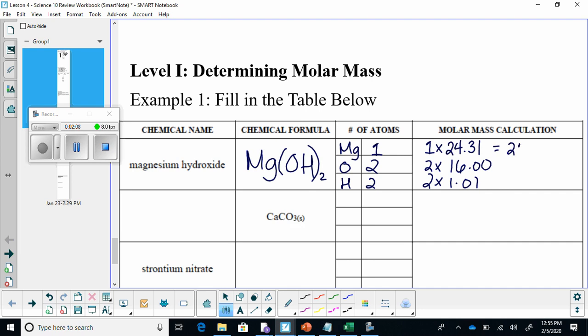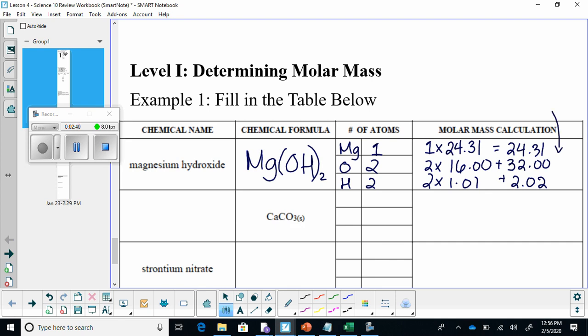So this gives me 24.31 plus 32 plus 2.02. Once I calculate that all out, I should get a molar mass of 58.33.